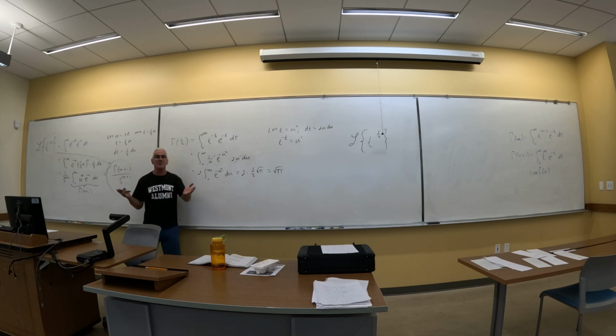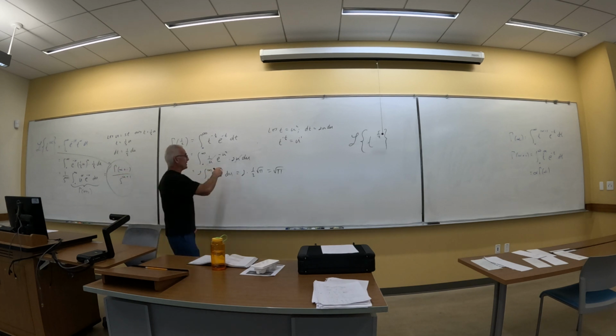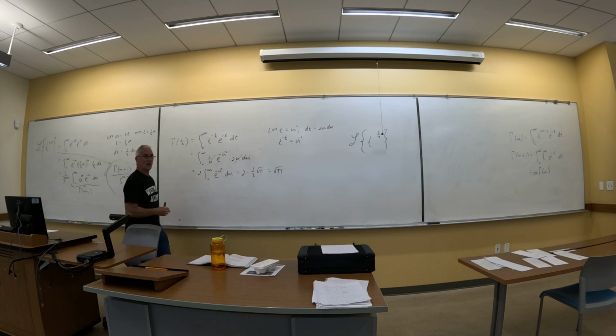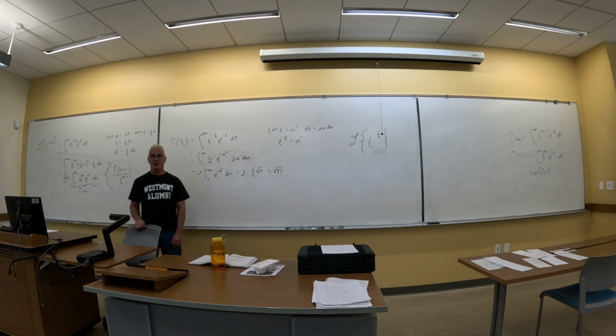If your alpha was 1/3, you could still write this, but you would never get down to a specific value. We just derived that the gamma function of a half is this. I don't know what the gamma function of any other fraction, a third or a fourth or a fifth. That's not practical because the substitution required to get there would have been pretty gnarly.